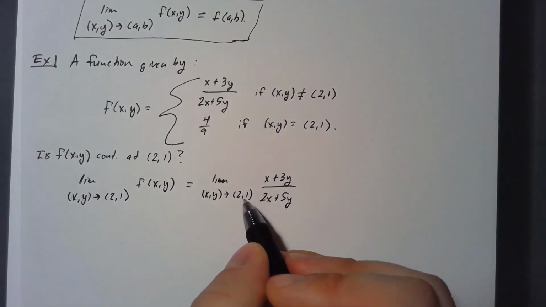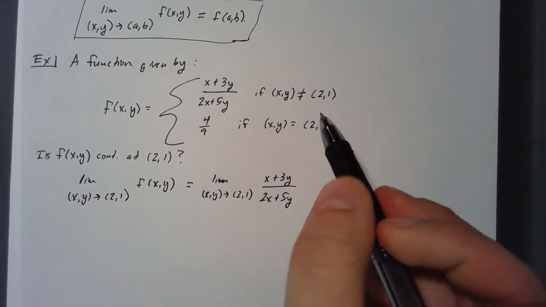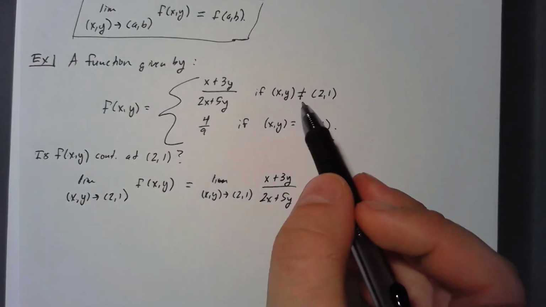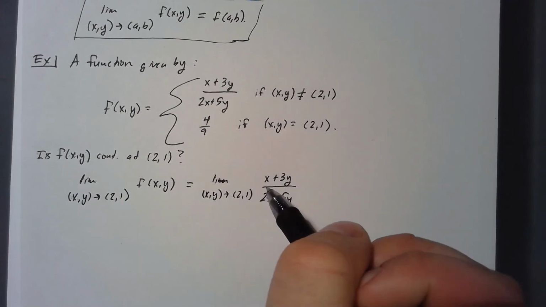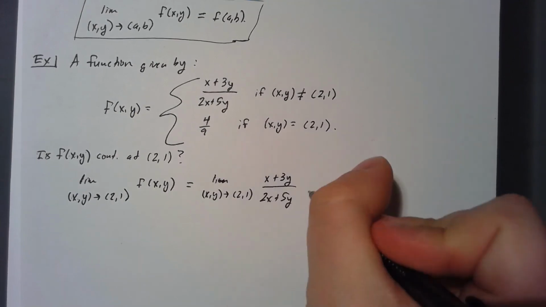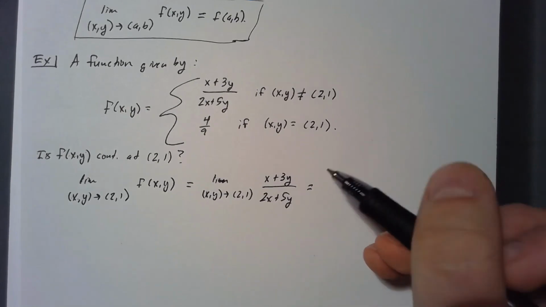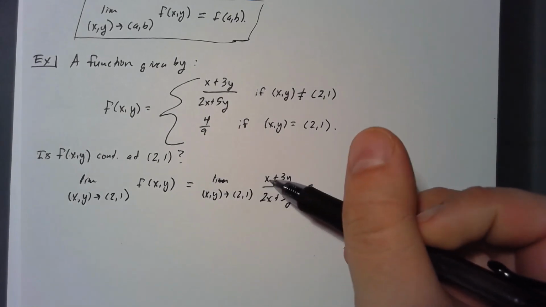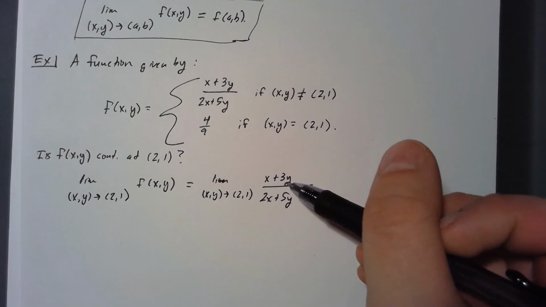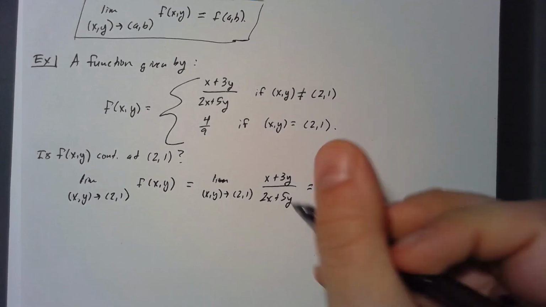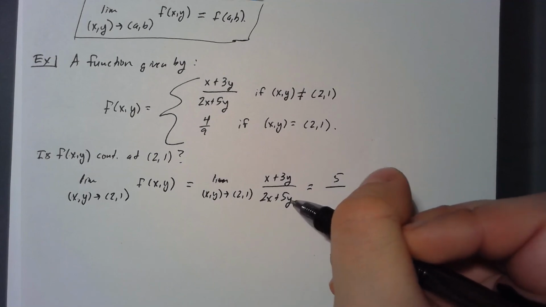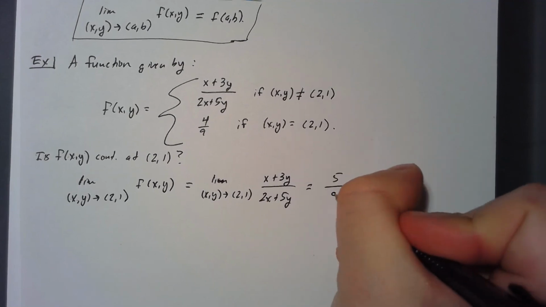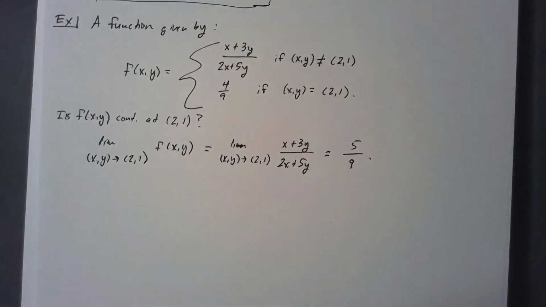That's what we mean by taking the limit. If we're taking the limit as x, y approaches 2, 1, that means we're not there yet. So we're getting close to it. If I take this limit, I plug in 2, 1 here. Well, that's just simple arithmetic. You plug in 2 here, so 2 plus 3 times 1, that's 5, all over 2 times 2, which is 4, plus 5 times 1, which is 9. So I get 5/9.